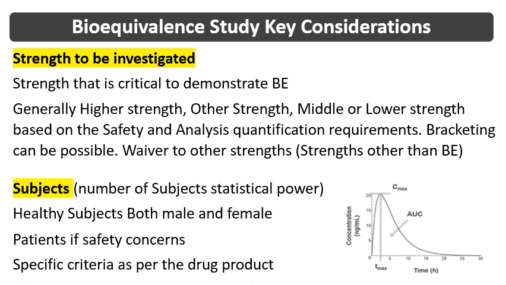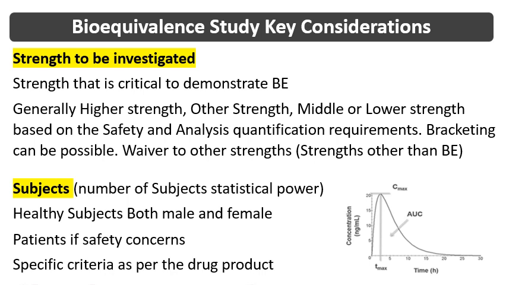If the formulation is metabolized in the liver with some specific pathway, and if that metabolism is very significant, then the subjects are selected based on some liver function test or kidney function test, so that there will not be any bias in the data. So this is regarding the subjects.